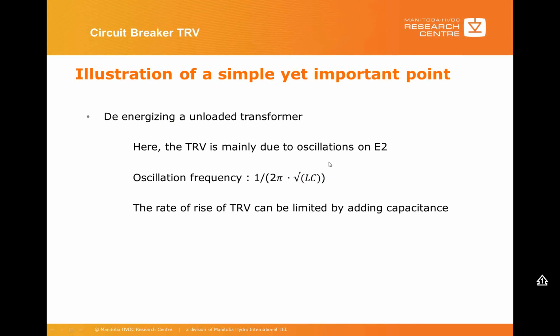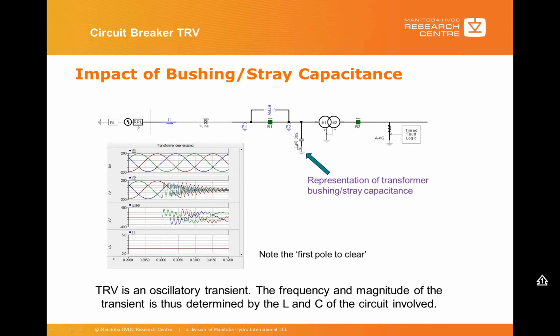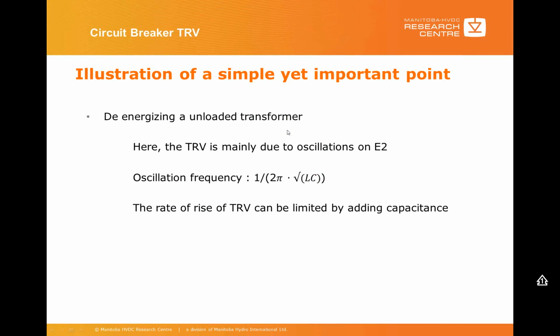As I mentioned earlier, the TRV is mainly due to the oscillation of the transformer stray capacitance and the transformer reactance, which is basically E2, as you see here. The oscillation frequency is a very simple calculation.